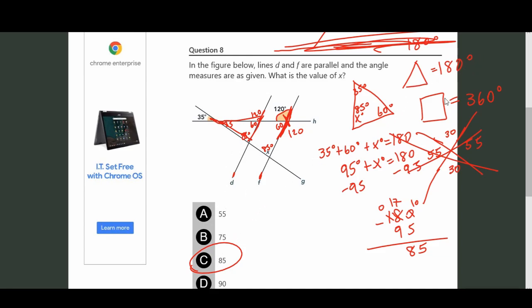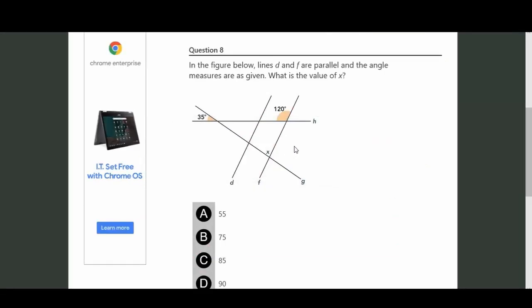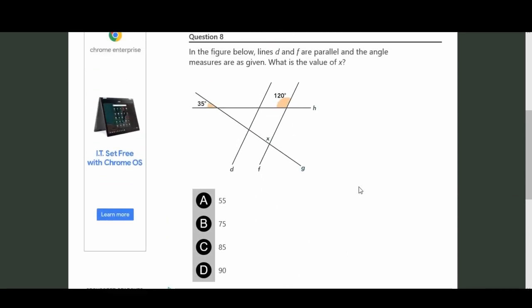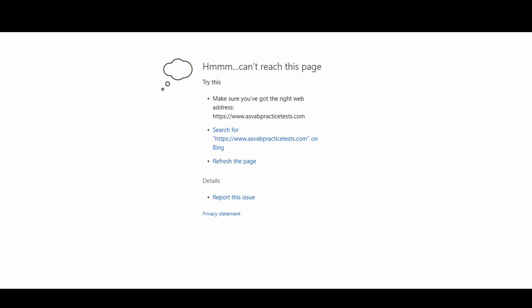So that's that one. I don't like these problems because they can get very tedious, but that's how I decided to solve this one. Again, there's multiple ways to do that problem. So let's go ahead and move on to question number 9.